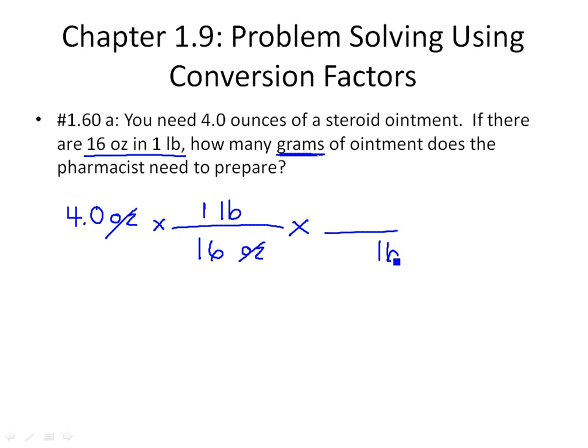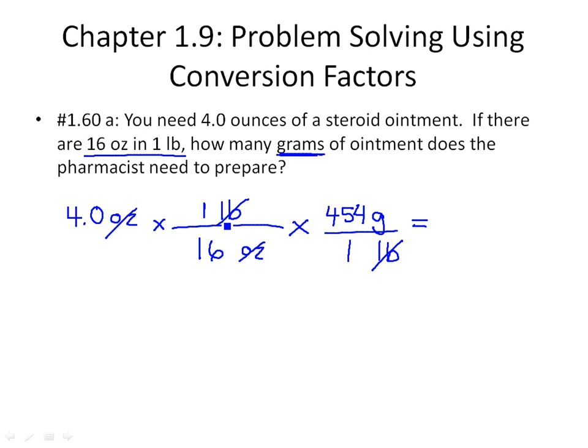If you look at your conversion factor sheet, we do have a relationship. We're finding relationships between these different factors. We see that in 1 pound, we have 454 grams. Pounds cancel, and we're now left with grams.